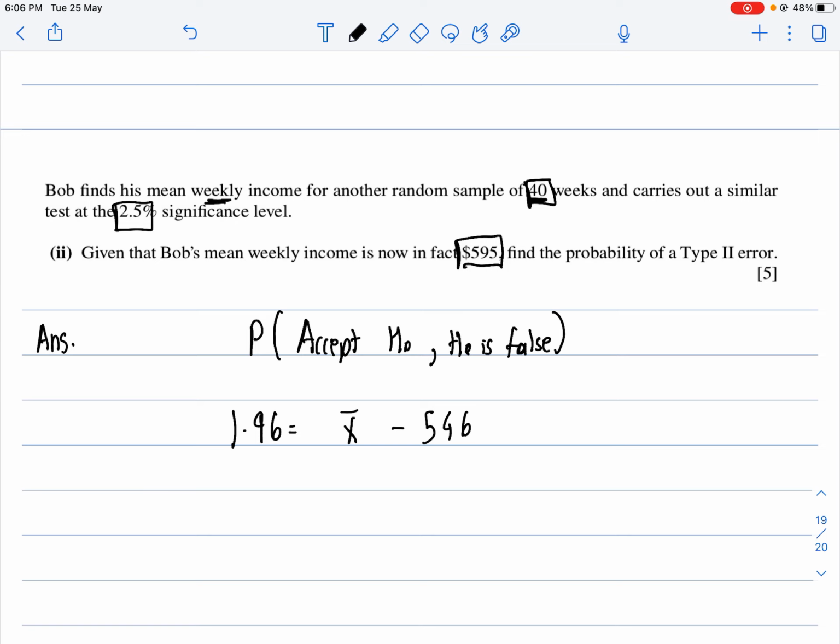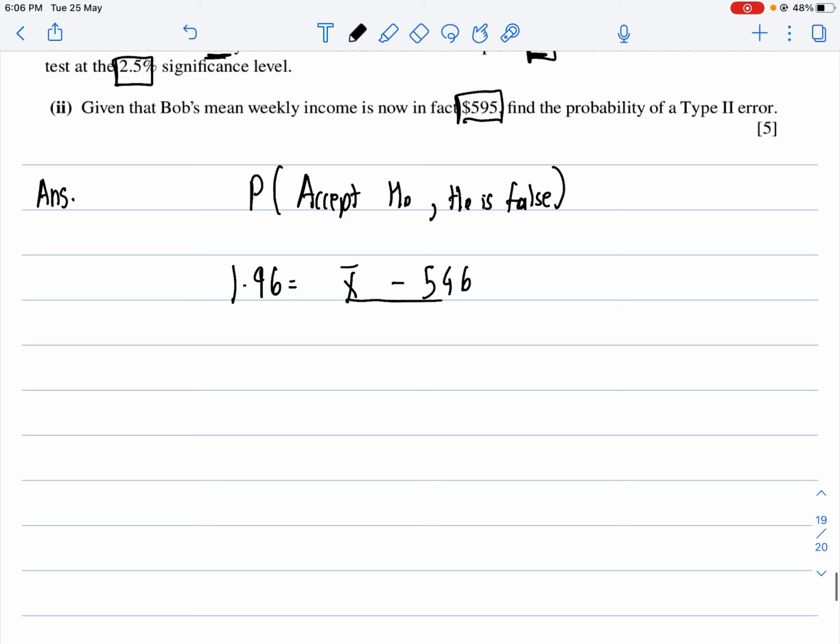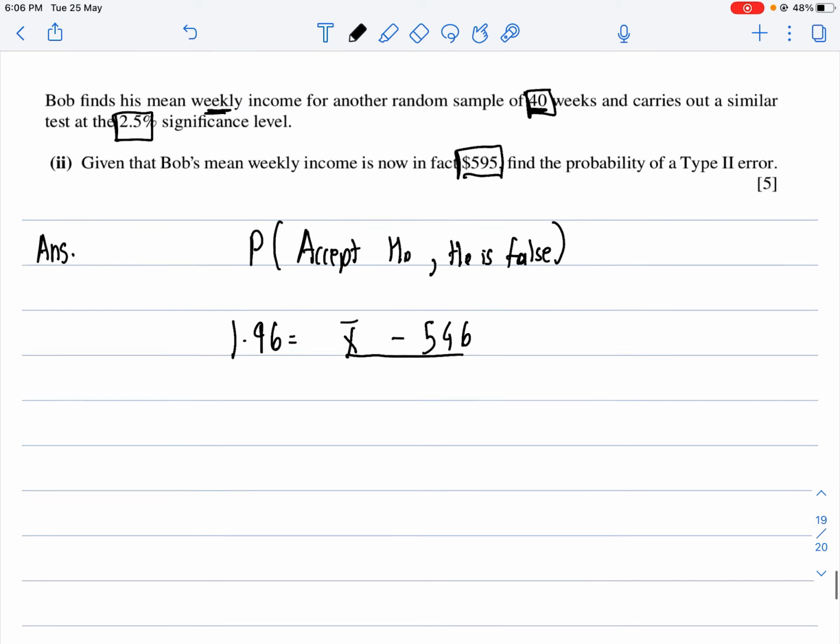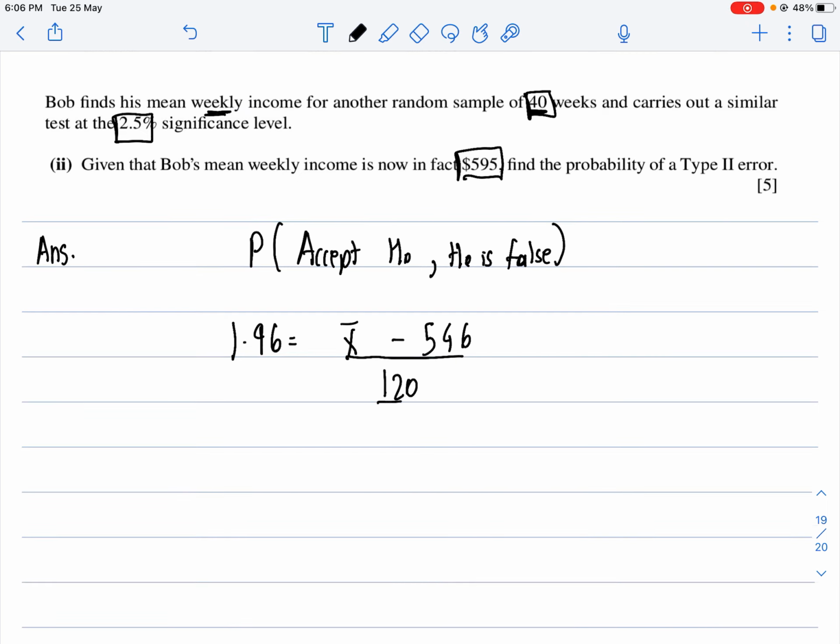Don't take the new mean, okay? While calculating the area of acceptance, we have to take the new mean, not now. Over the standard deviation, which is 120 over root n, where n is 40. So I can write this as 1.96 times 120 over root 40, and I add that to 546. So I get my value as 583.18. Agreed?